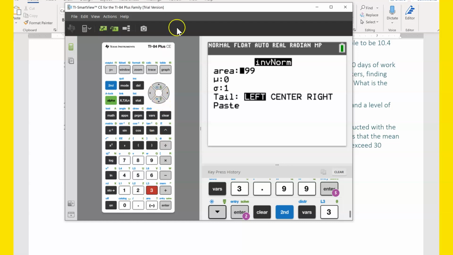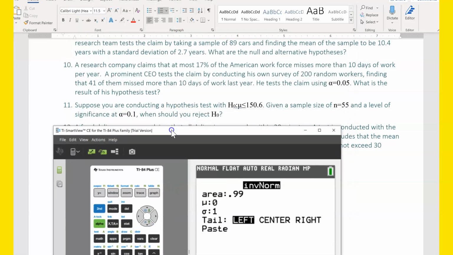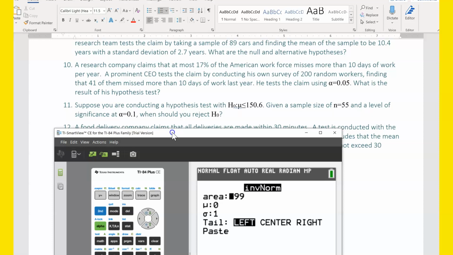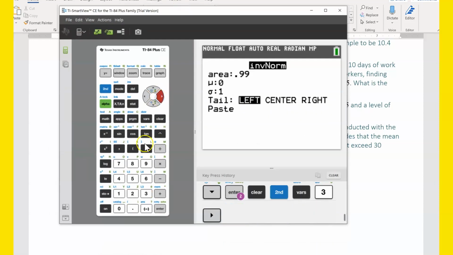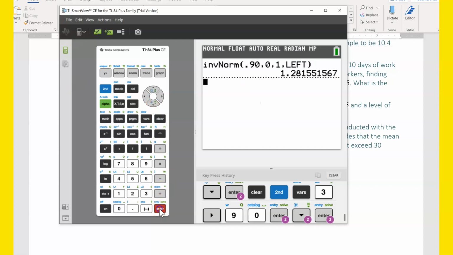And since we're looking for alpha at the 0.1 level, 0.1 is 10%, so that means our area is 90%, so 0.90. We're saying 90% is to the left of it, and that will give us our z-score. So if the z-score is above 1.28, we should reject it.